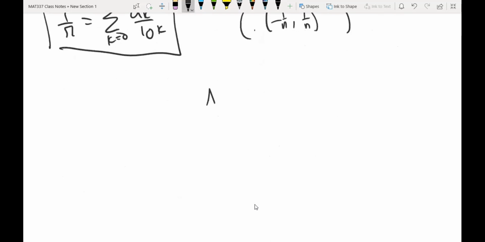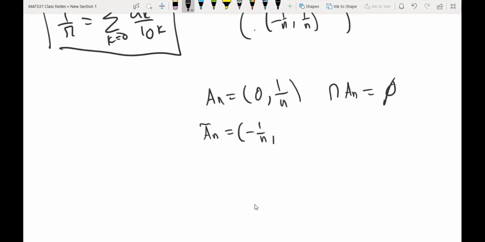If you take 0, 1 over n and you intersect them, you get the empty set. But if you took minus 1 over n, 1 over n and intersect them, you get 0. So you can have both cases, empty and non-empty. Yeah, okay.